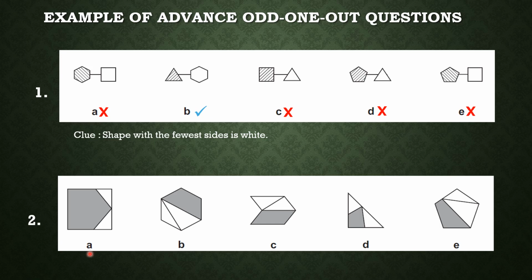But if we look a little bit closely, in all the shapes the shaded part is made up of, here 5 edges, here 4 edges, here 4 edges, here also 4 edges, and here also 4 edges. So that means the clue can be that the gray shape has 4 sides, wherein option E is not following that particular rule. So that should be the odd one out here.